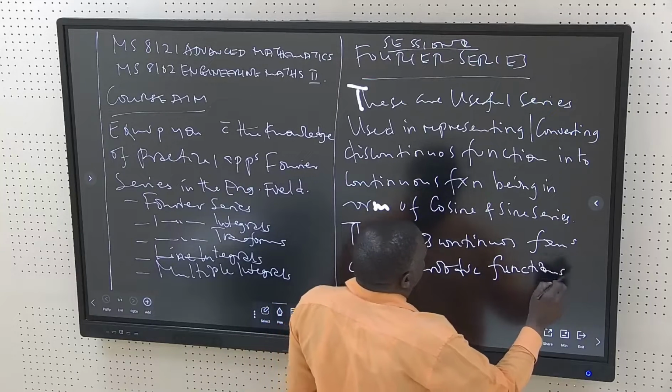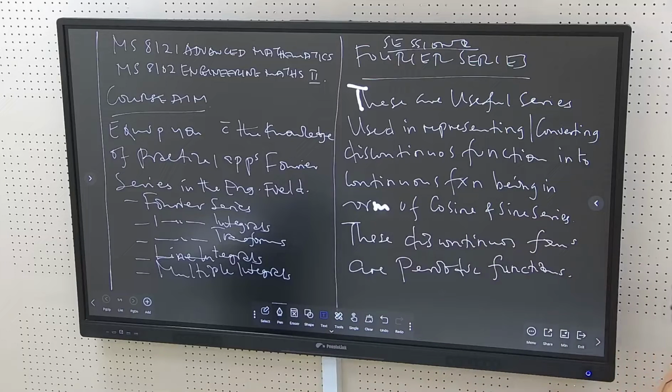So what are periodic functions? Periodic functions are functions which have the behavior of copying and pasting themselves. Or we say they are functions which have the behavior of repeating themselves. In these periodic functions, they can be even or odd functions.